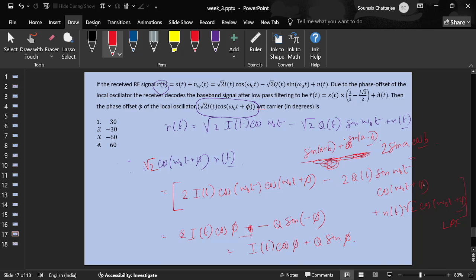Yes, two terms will come, but will only contain the terms without omega naught, right? So which one is that? It should be cos. Yeah, cos. So this one here should be cos, right?